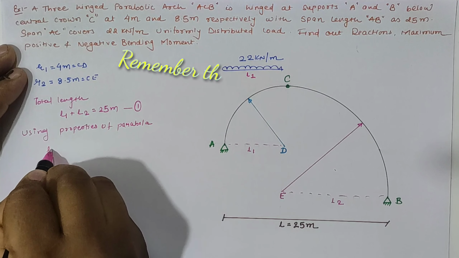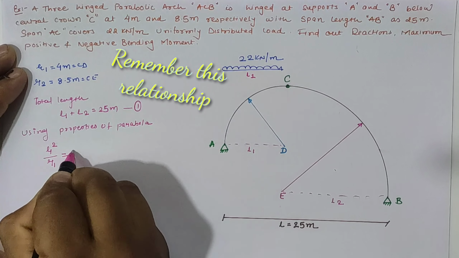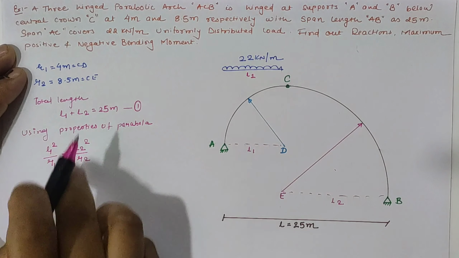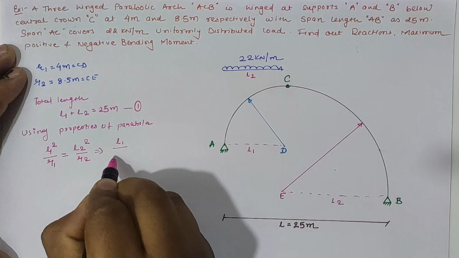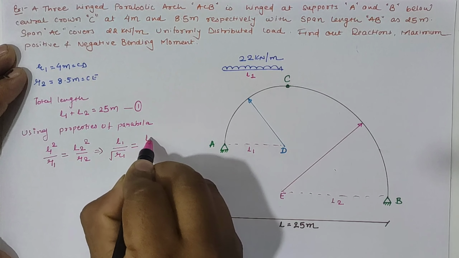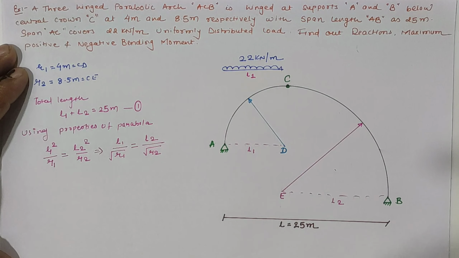we have L1 square by R1 must be equal to L2 square by R2, and if we take the square root of both sides, we will have L1 divided by square root of R1, which is equal to L2 divided by square root of R2.